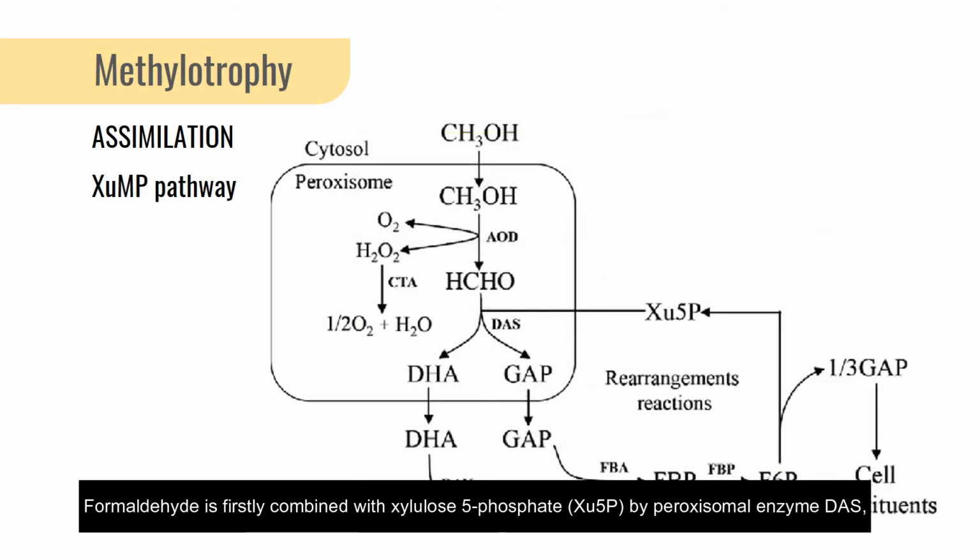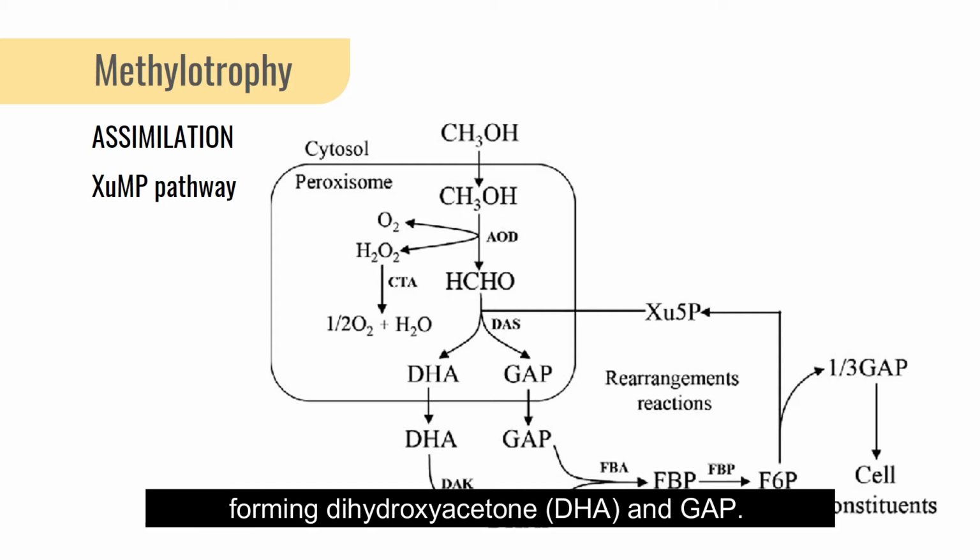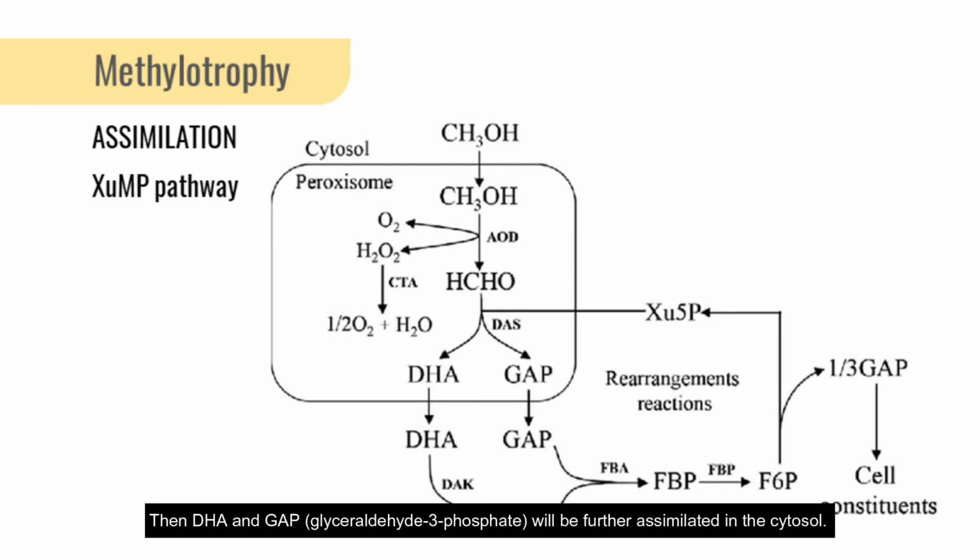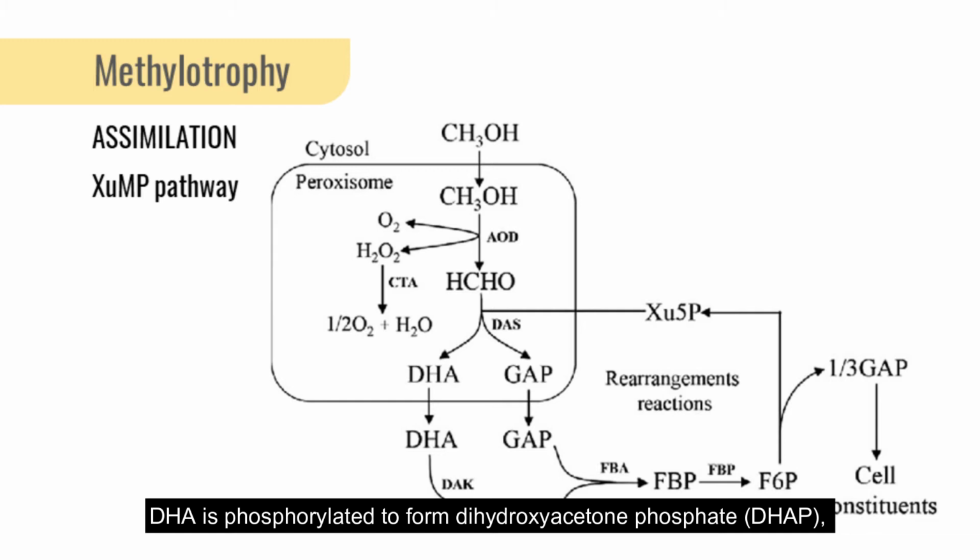Formaldehyde is first combined with xylulose 5-phosphate by the peroxisomal enzyme DAS, forming dihydroxyacetone DHA and glyceraldehyde 3-phosphate GAP. Then, DHA and GAP will be further assimilated in the cytosol. DHA or dihydroxyacetone is phosphorylated to form dihydroxyacetone phosphate or DHAP, which can be condensed with GAP to form fructose 1,6-bisphosphate.